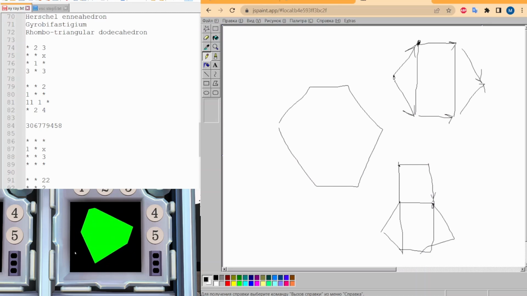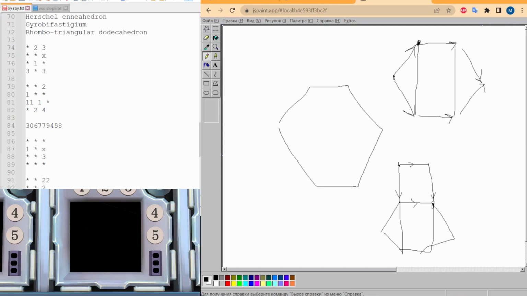You see at the beginning it also went the same way. From here it went here, which is weird, but okay. So pay attention to this one. It goes here and here.